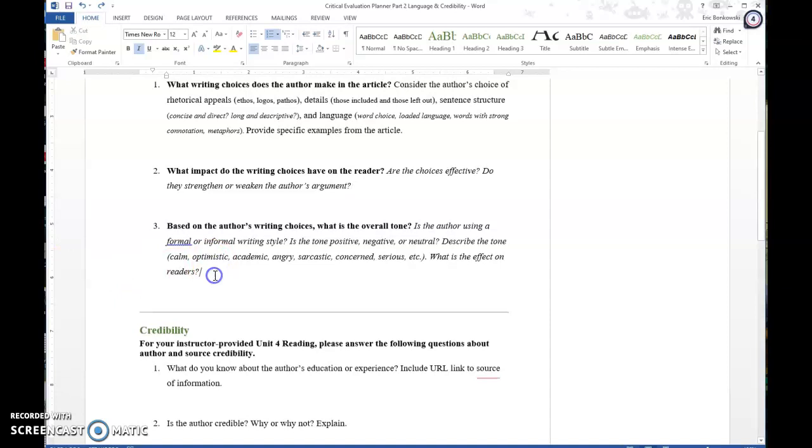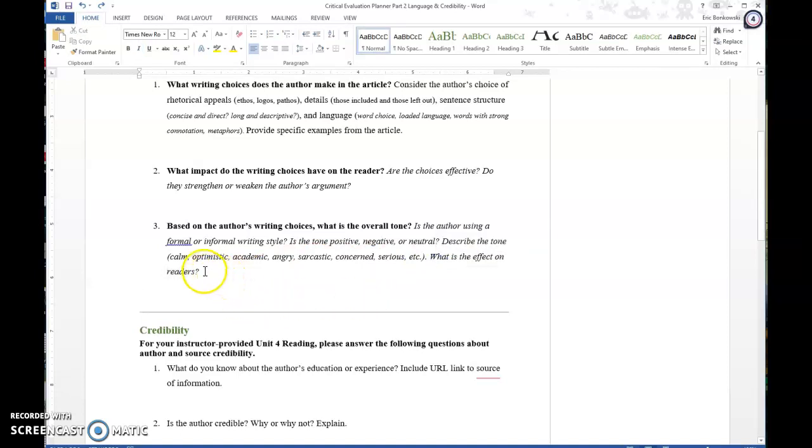Here in this one, based on the author's writing choices, what is the overall tone? Is the author using a formal or informal writing style? Is the tone positive, negative, or neutral? Describe the tone: calm, optimistic, academic, angry, sarcastic, concerned, serious, etc. And then here's this really important question of what is the effect on the readers?